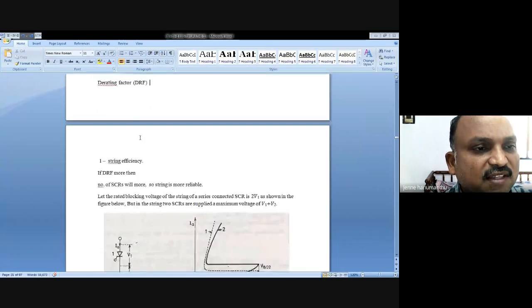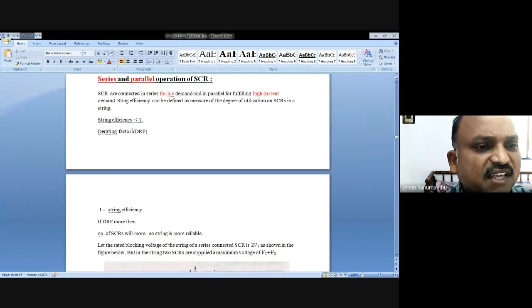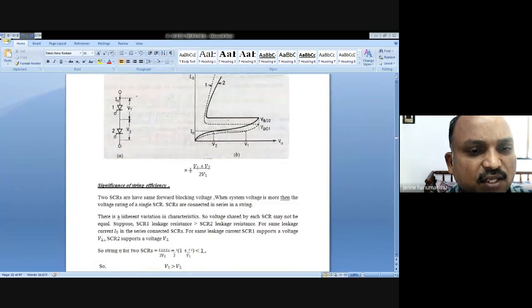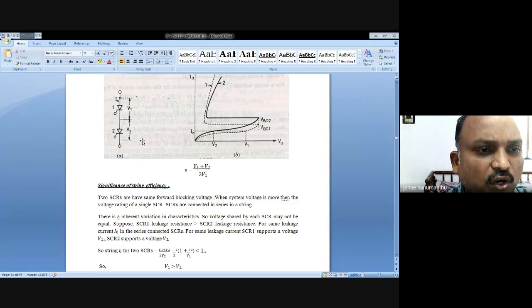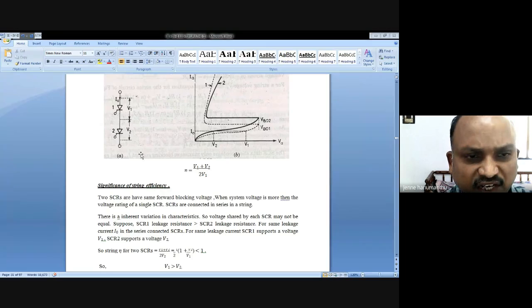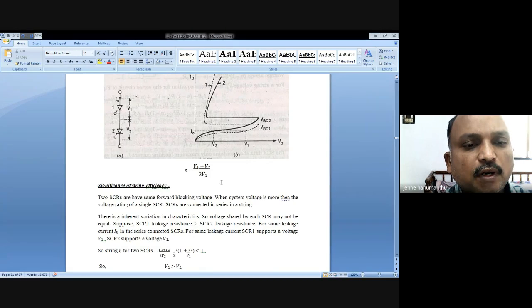That's what the string efficiency is. The string efficiency is calculated like this. V1 plus V2, the total drop because of the series connection, divided by the drop across 1 SCR multiplied by the number of SCRs.